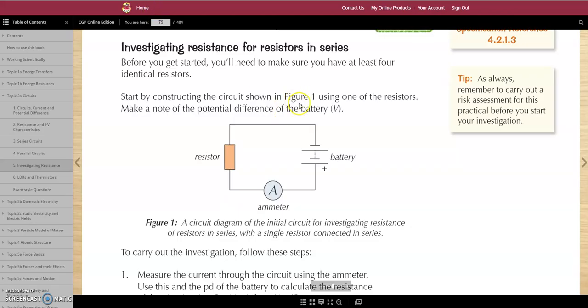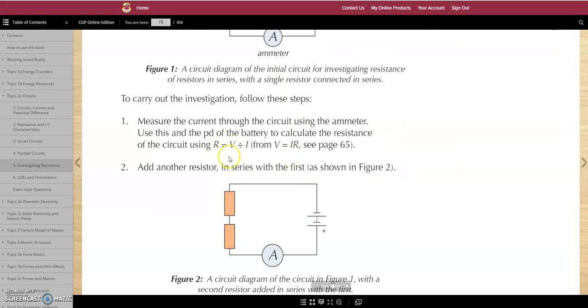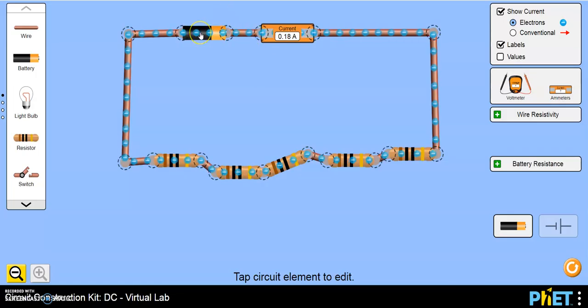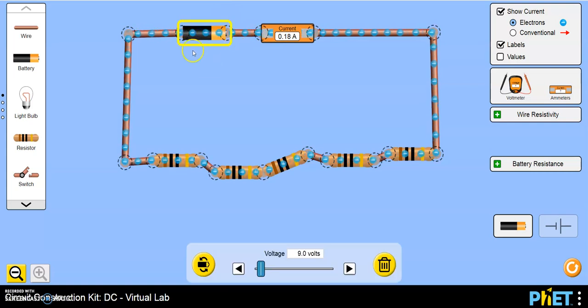Okay, and in the method here it says that we need to use that equation, that V equals IR, the voltage equals the current times the resistance, to calculate that resistance. So for each resistor I need to take my potential difference and divide it by the current. Now the potential difference, you need to remember, in the circuit comes from this battery, which is 9 volts.